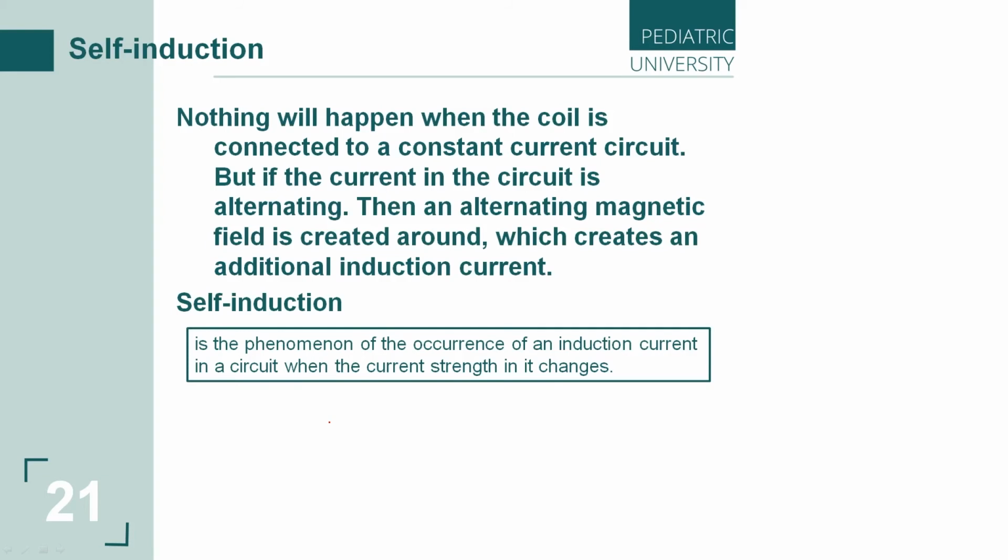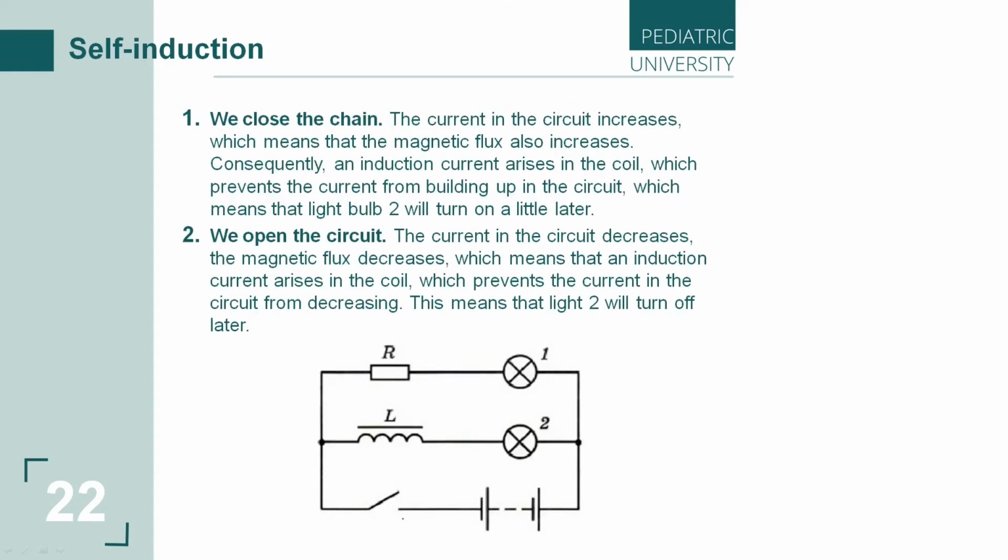Don't forget about this. And let's look at an example in the diagram of self-induction, according to the main idea of electromagnetic induction. Let's see this picture. You and I see that we have an electric circuit. We have the source of current, don't forget.